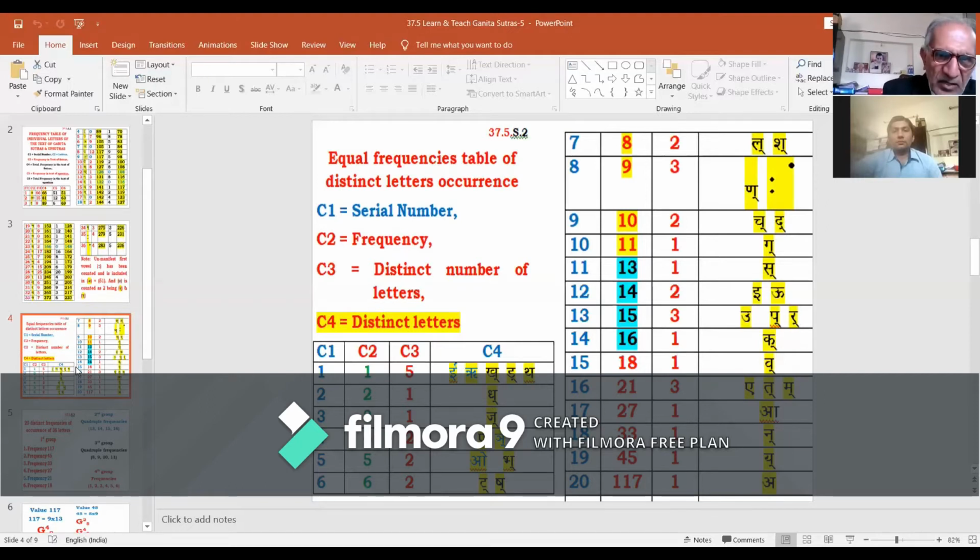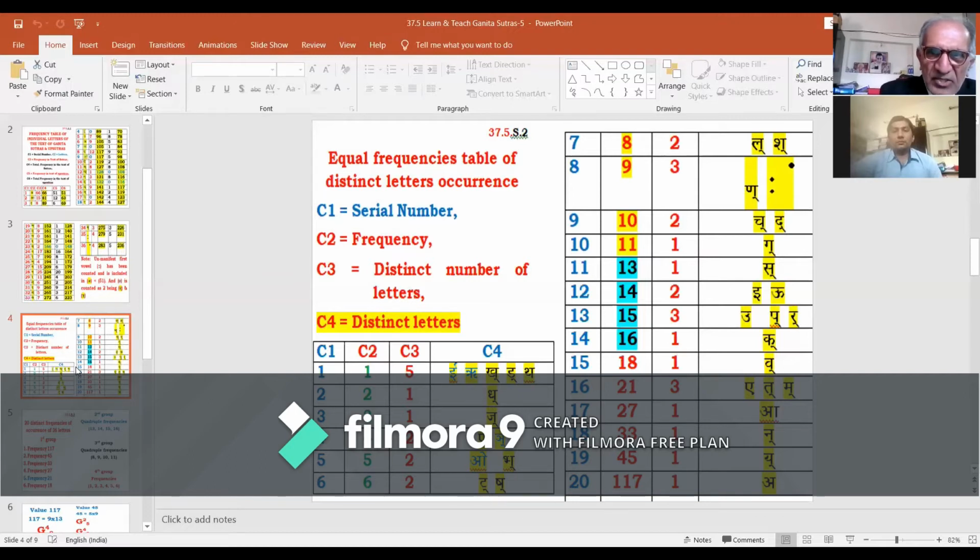So if we are through the first row of these quadruple columns table, then C1 gives the serial number. We know there are in all 20 such distinct values of frequencies.